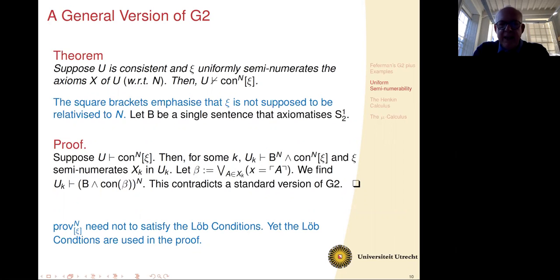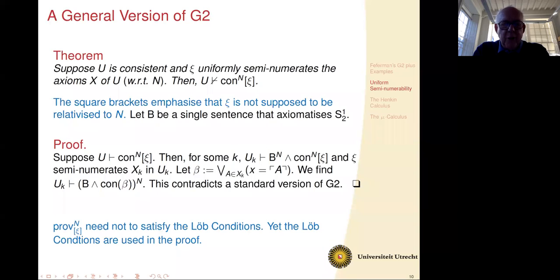Now we simply take beta as the trivial axiom that says that something is in Xk. It's simply a finite disjunction. And then it's very easy to see that the theory UK proves that if something is beta provable, then it's also Xi provable, because it's only a finite verification. It's a standardly finite thing, the beta axioms.